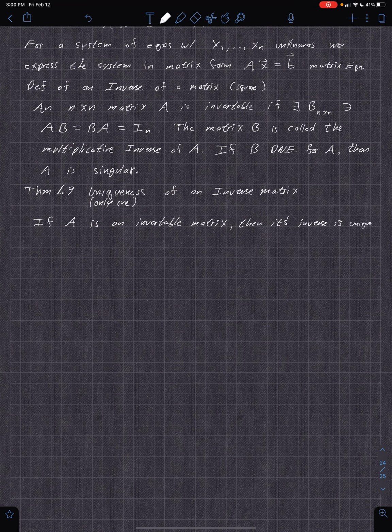Like, there's not another one. So we can say then the inverse of A is A inverse. It's not like A1 inverse or A2 inverse. You can just call it that.